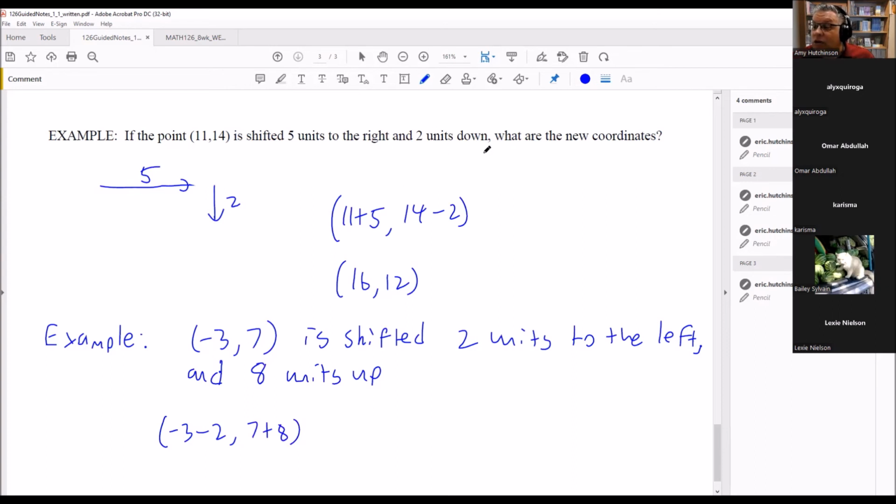Last time we had 2 units down, we subtracted, but now because it's 8 units up, we're going to add that to that one. So if we do that, we're going to get -5 and 15, which should be the new point. I just wanted to make up another example for you so you get a little bit more variety.